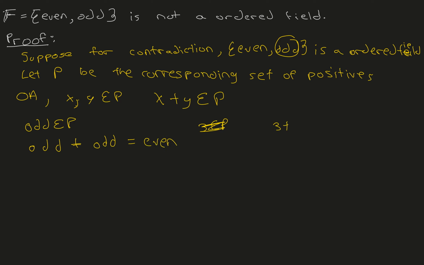For example, 3 plus 3 is equal to 6. But remember that even includes, for example, 0. 0 is an even number. There's a proof for this, but just assume that it's true.